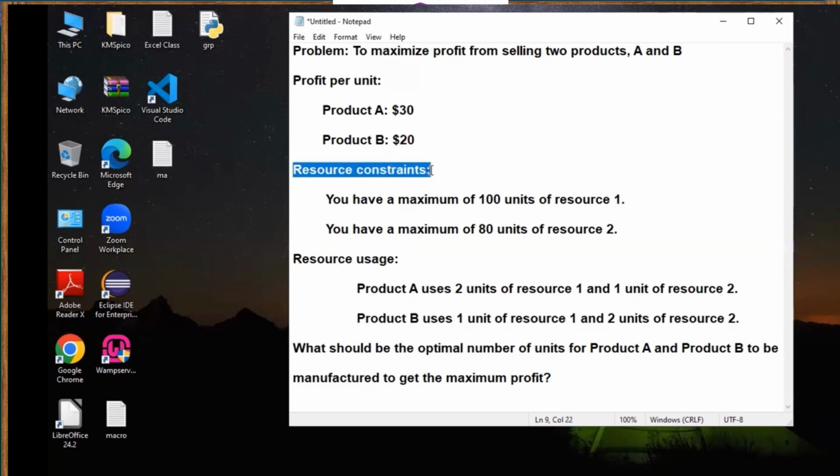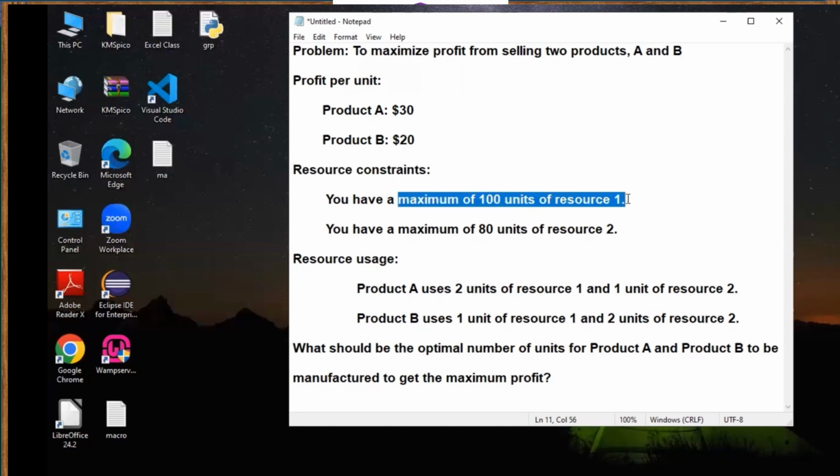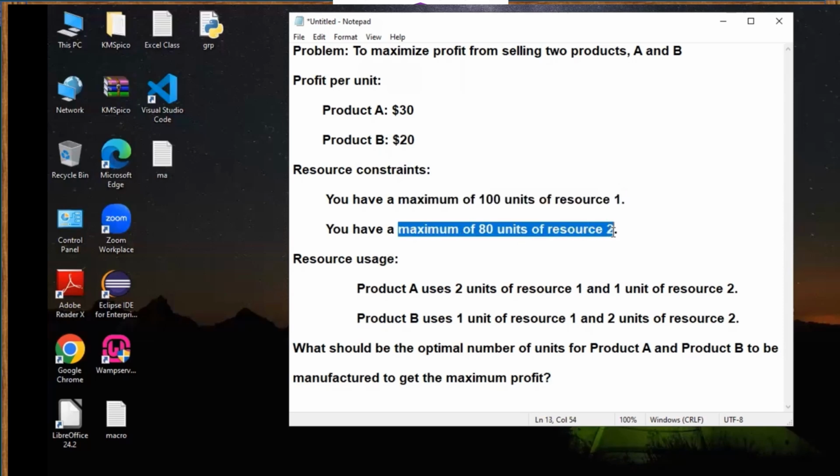In the given scenario, resource constraints are: 1. You have a maximum of 100 units of resource 1. 2. You have a maximum of 80 units of resource 2. The resources required by Product A and Product B are as under.